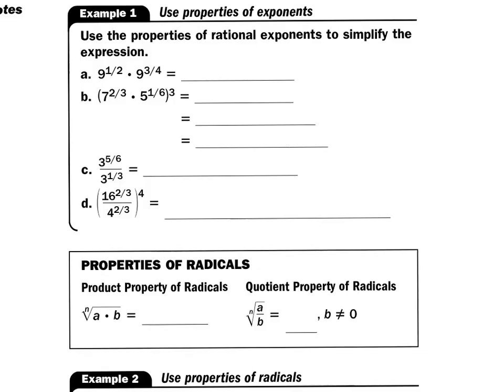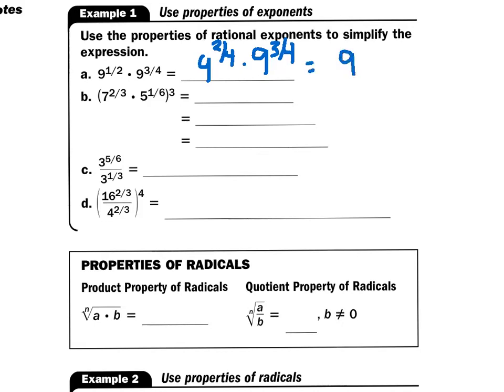Okay, example 1. Use the properties of rational exponents to simplify the expression. So same base, we just need to add the exponents. So what's 1/2 and 3/4? Well, we need to change them to like denominators. So that's 9 to the 2/4 times 9 to the 3/4. So what's 2/4 plus 3/4?